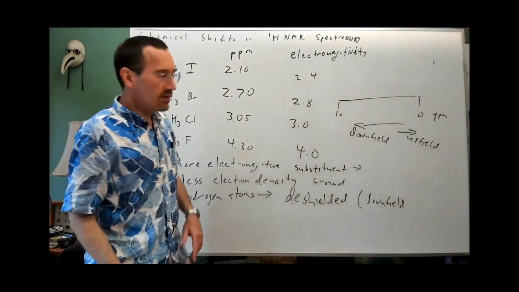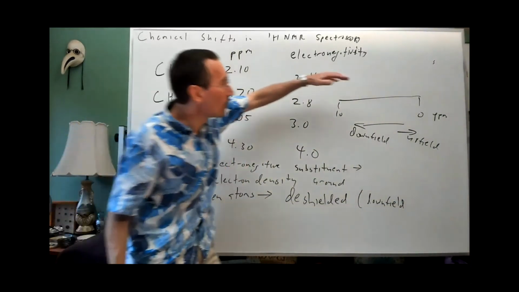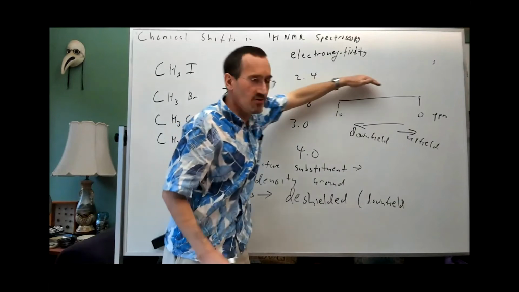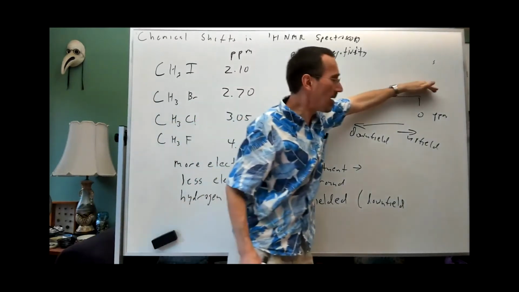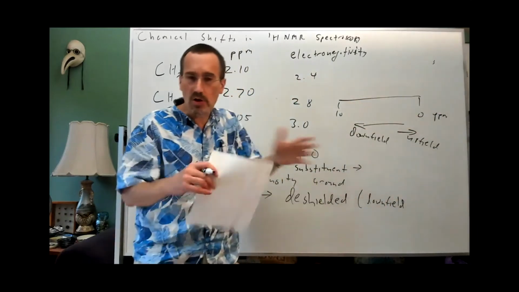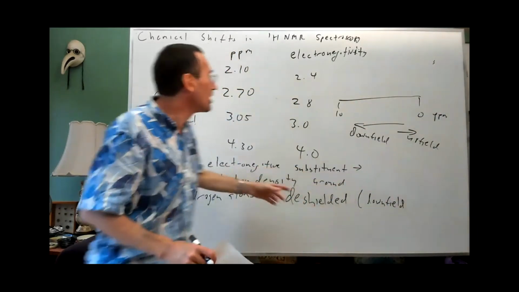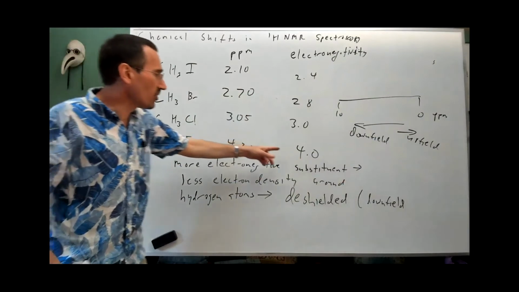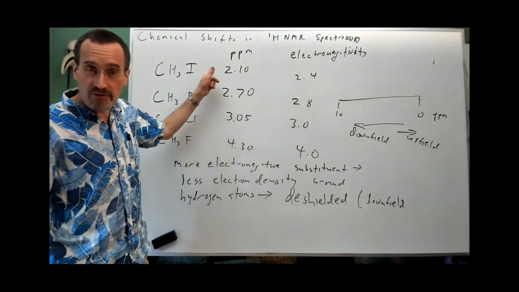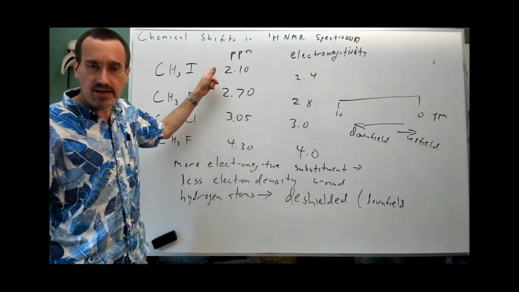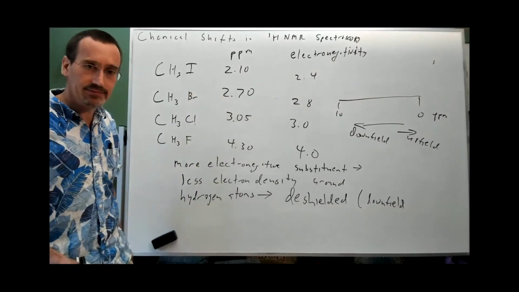So usually you'll hear me referring to the downfield region of the spectrum, and I'll sort of refer over here or the upfield region, but it's also a term of relativity. The methyl group in methyl bromide is more downfield than the methyl group in methyl iodide.